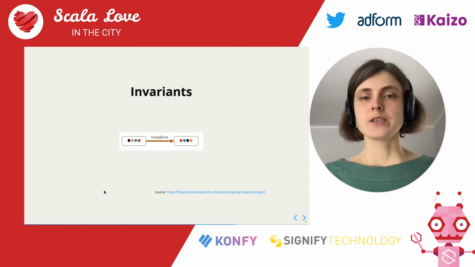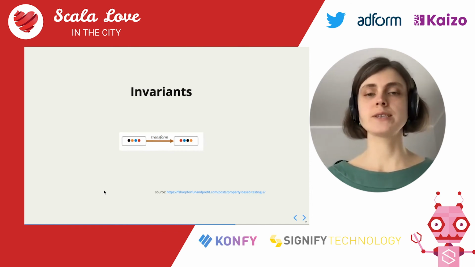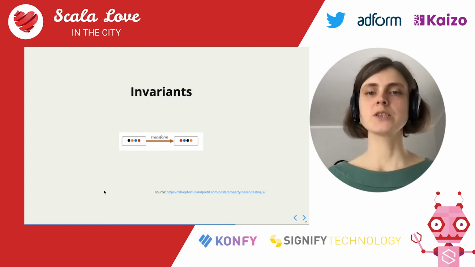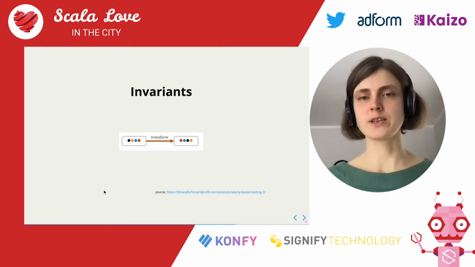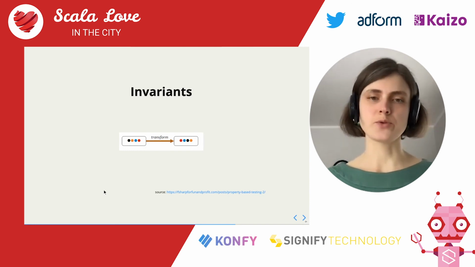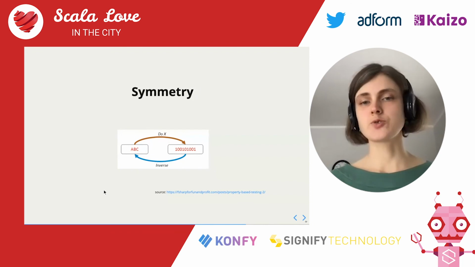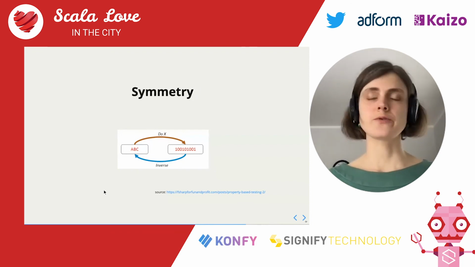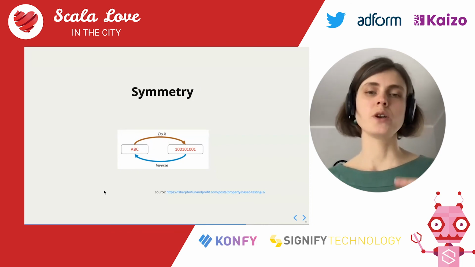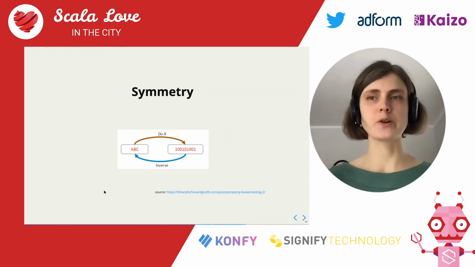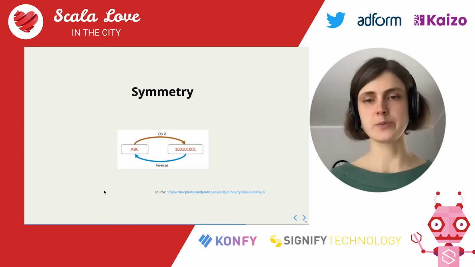Another great thing is invariance. As in the beginning, I said that our discount is not more than 30%, not less than 0%. This is the kind of safe boundaries that you often are able to think of. And symmetry is great if, for example, you have some code in your code base to write something to the database and then read it back and then compare if you have the same as at the beginning.